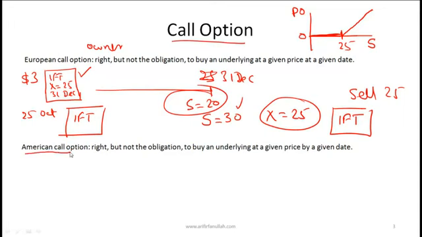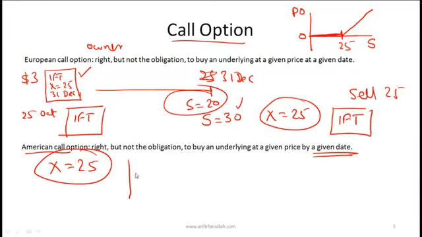Now an American call option gives the owner the right but not the obligation to buy an underlying at a given price by a given date. What this means is that if you have the right to buy the underlying share for 25, you can exercise this right any day till the exercise date.